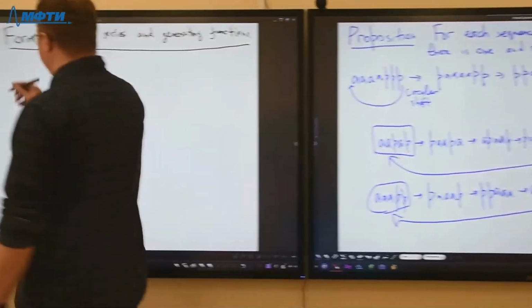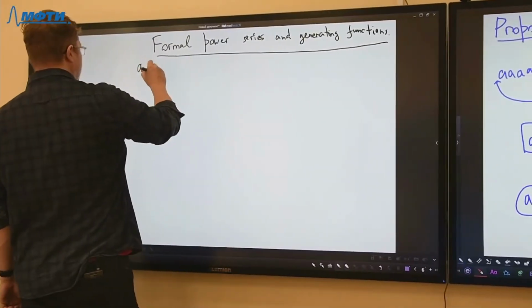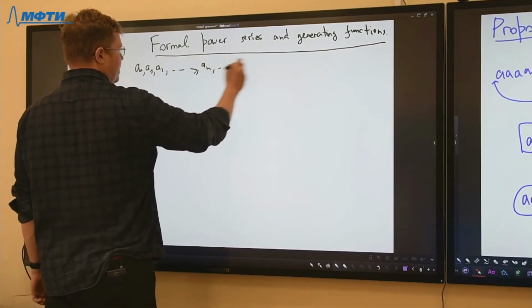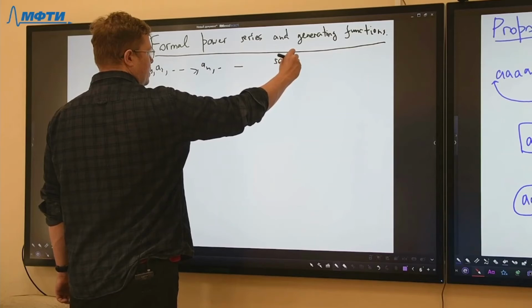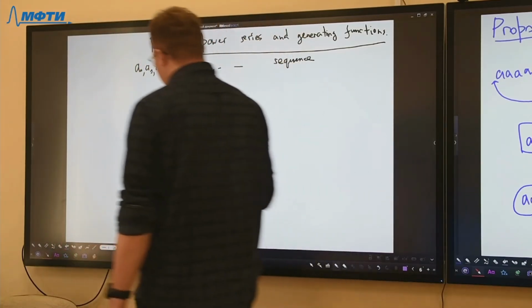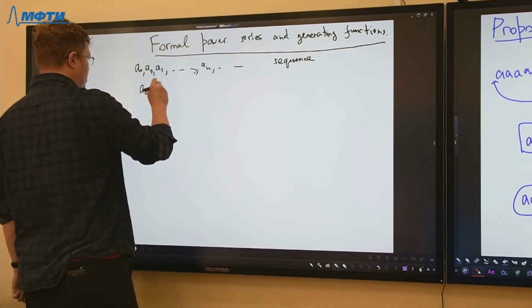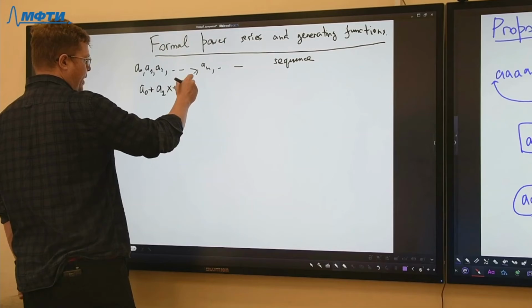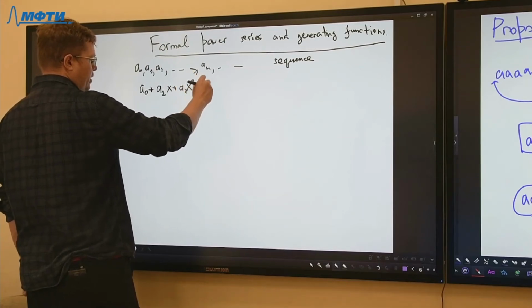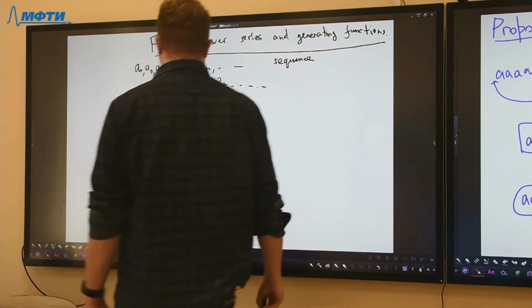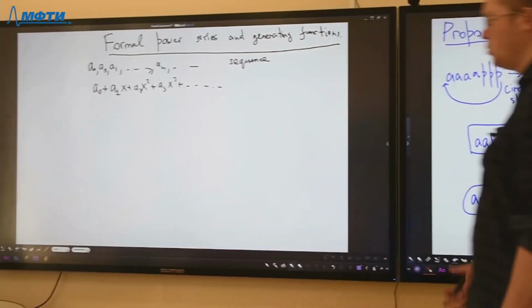So if you have a0, a1, a2, etc., a_n, etc., some sequence, you can try to look at the function a0 plus a1 x plus a2 x squared plus a3 x cubed, and so on, and try to say something or do something with this function.